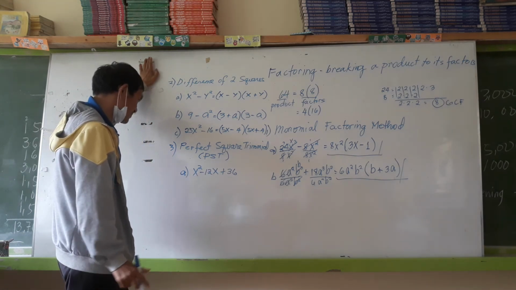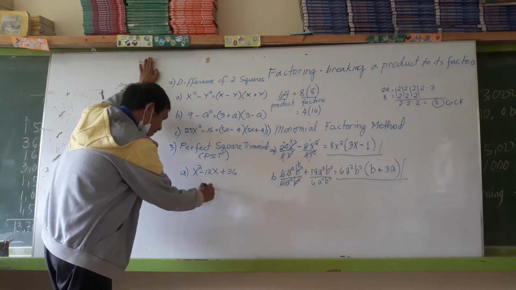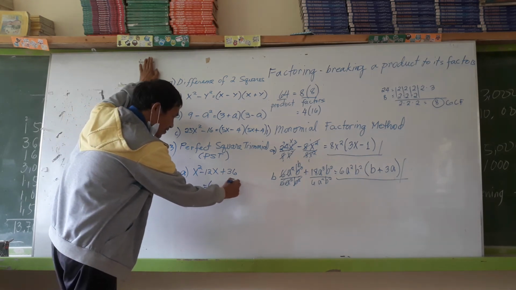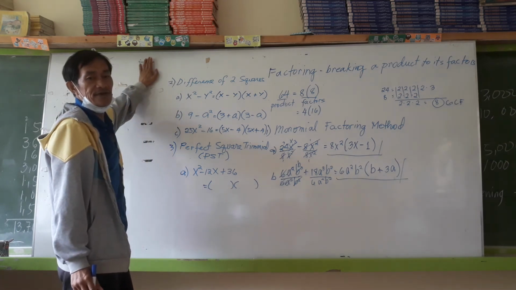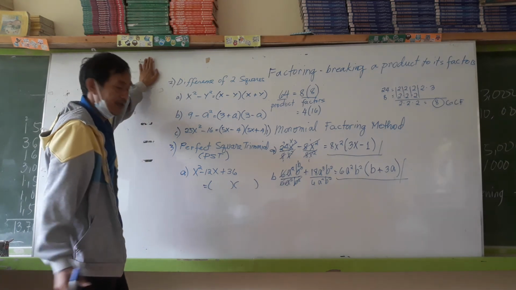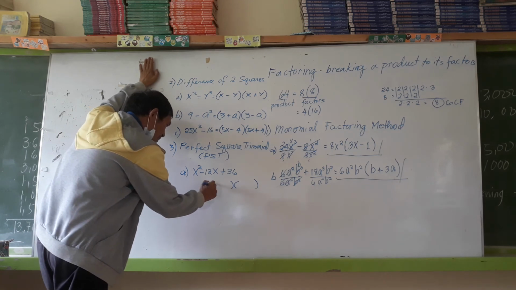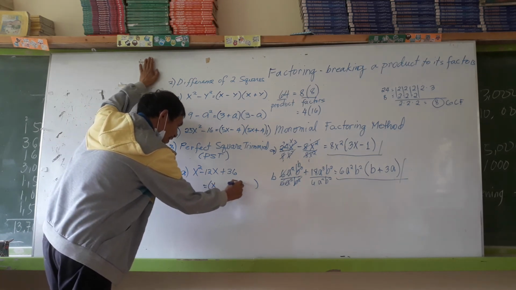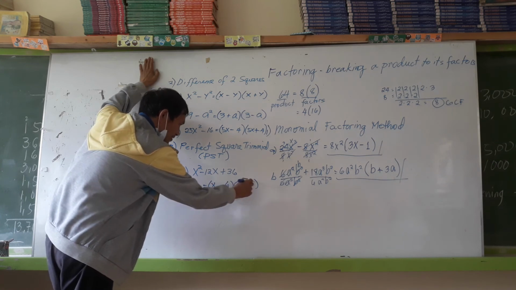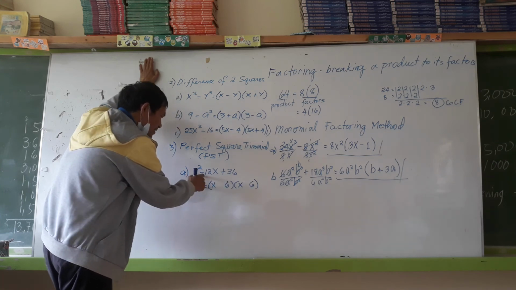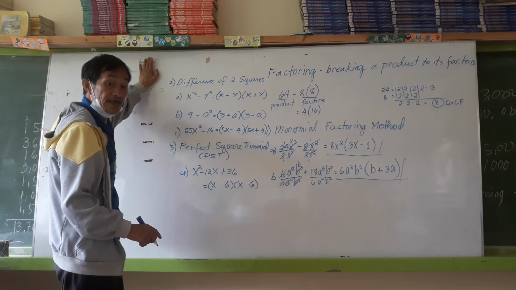Now, how are we going to get the factors of this? So this PST will have this factor. Get the square root of the first term, that is x squared, x. And the square root of the last term, that is 6. Then follow the sign of the middle term.